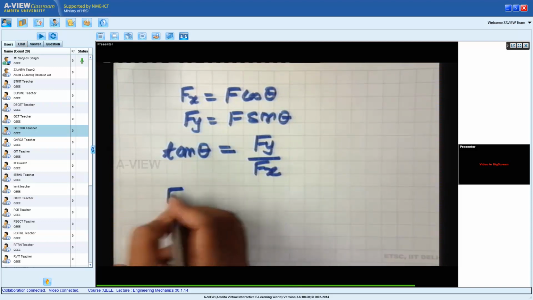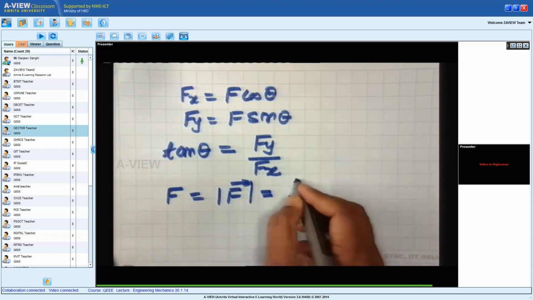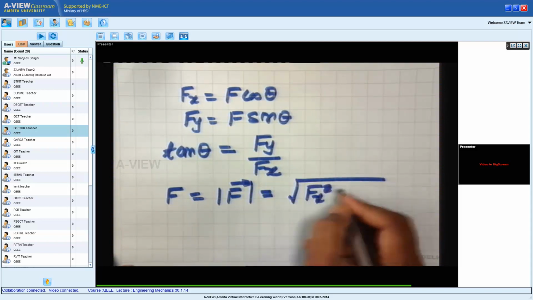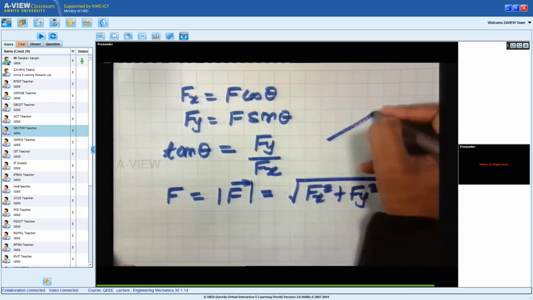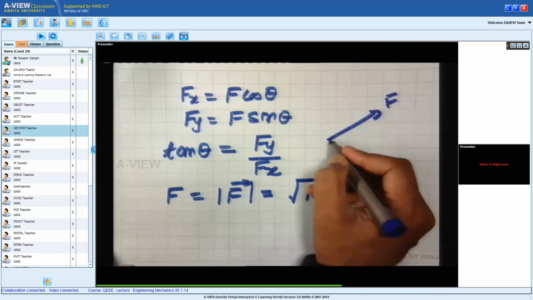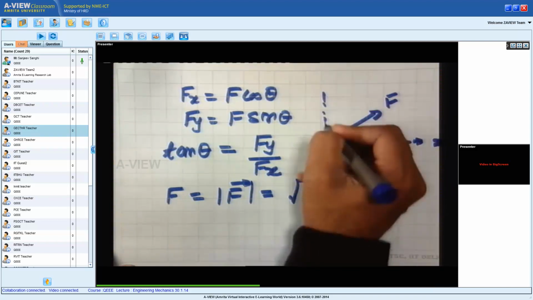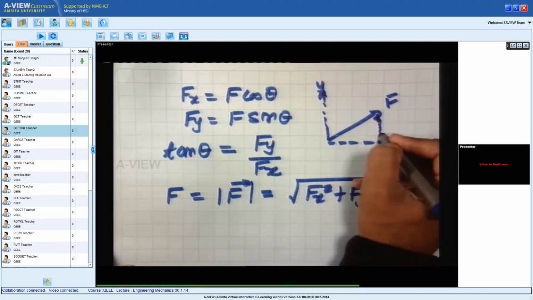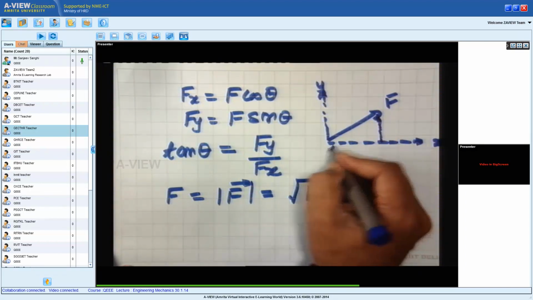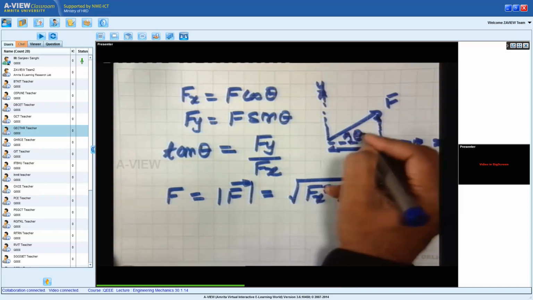And F, the magnitude of the force F, is given as the square root of Fx square plus Fy square. Maybe to complete the picture, I will show this. This was the force F. This is the x direction. This is the y direction. We draw from F a perpendicular to y. Wherever this hits, this is Fx, and this angle is theta.